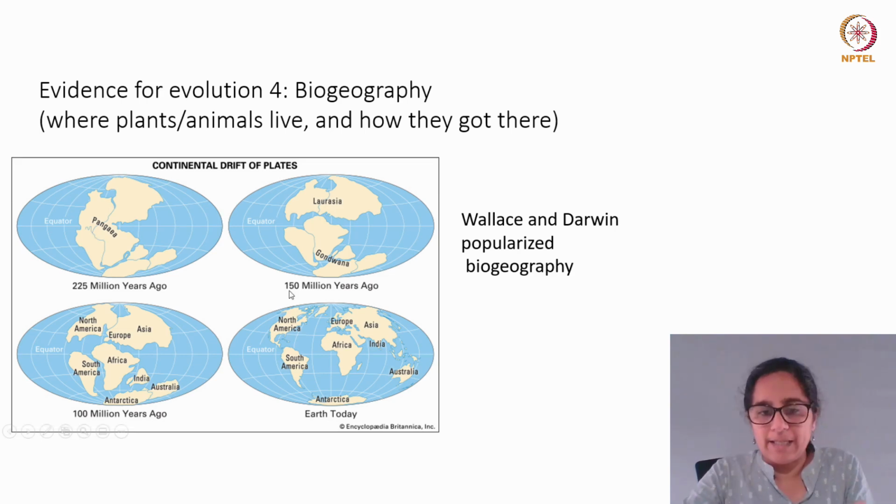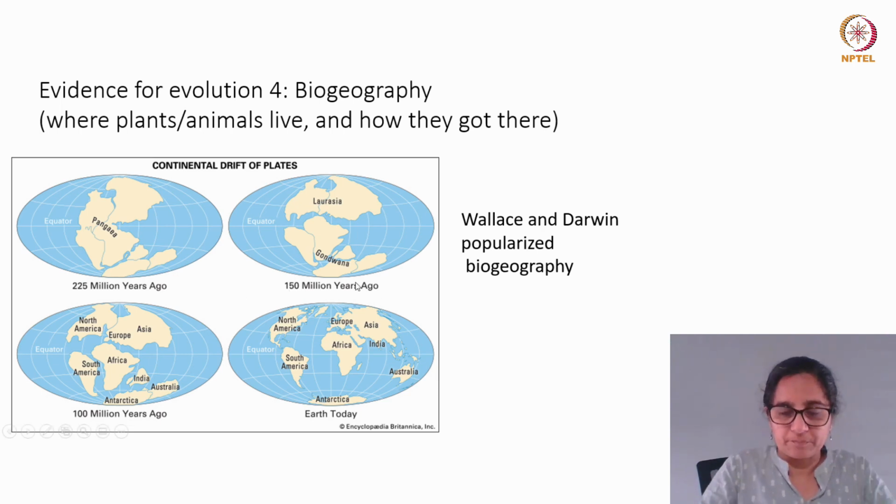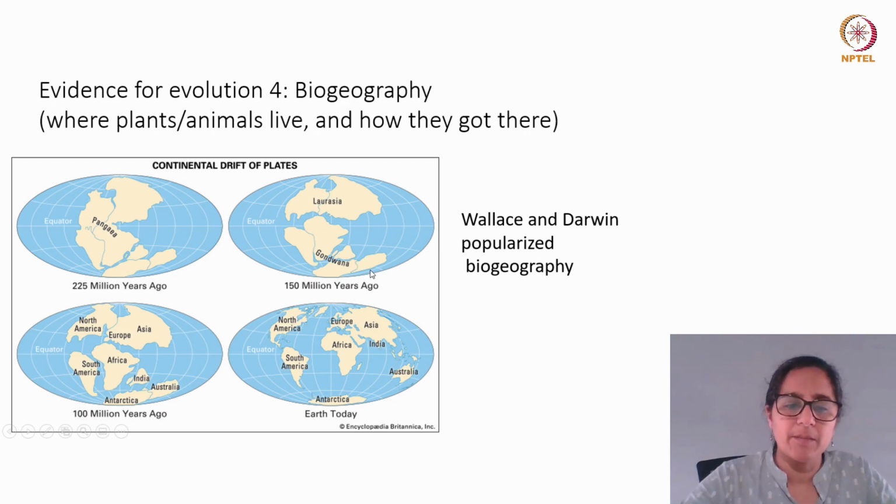And if you look at later on, around 150 million years ago, those plates kept moving away from each other. So there is Laurasia and Gondwana. So you can roughly see different continents here, which are being separated.